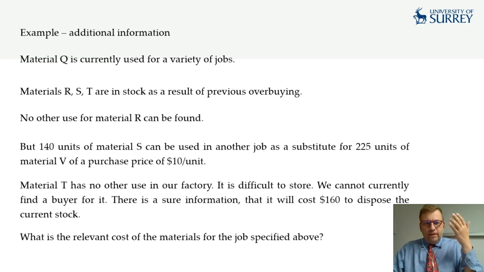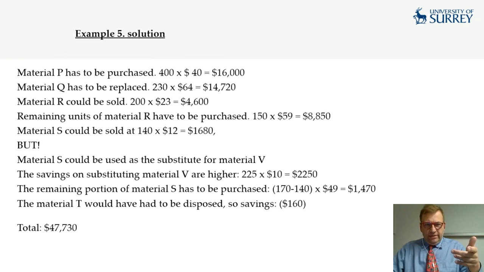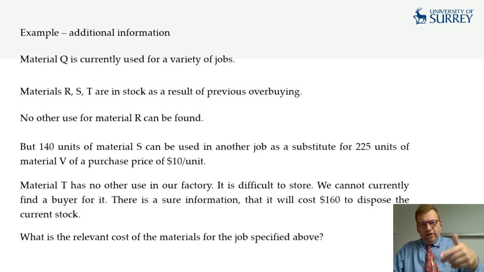So we remember how we calculate this. Like R, partially it could be sold, but then it's not enough, so it has to be replaced. There are like two parts, because it's still important how many units we use in production and how many units we have in stock. This is very important.